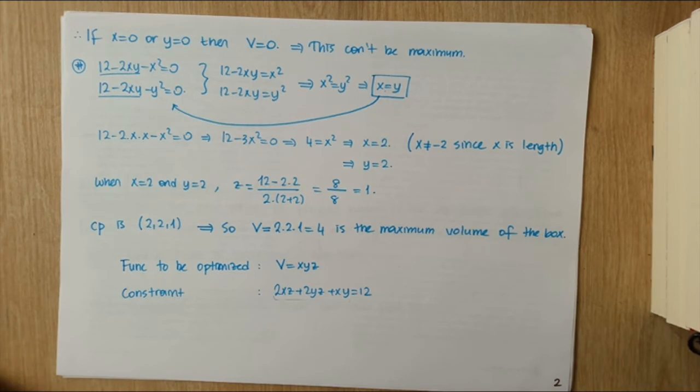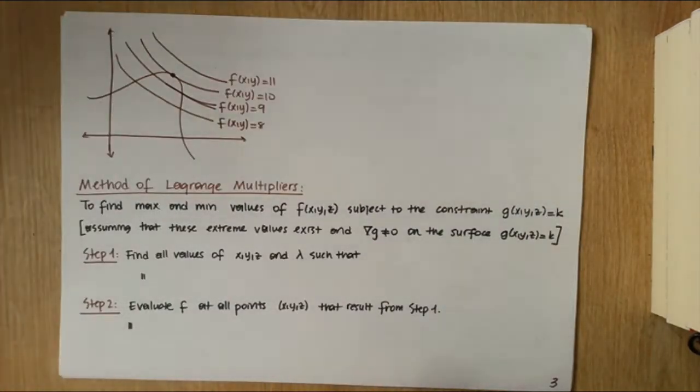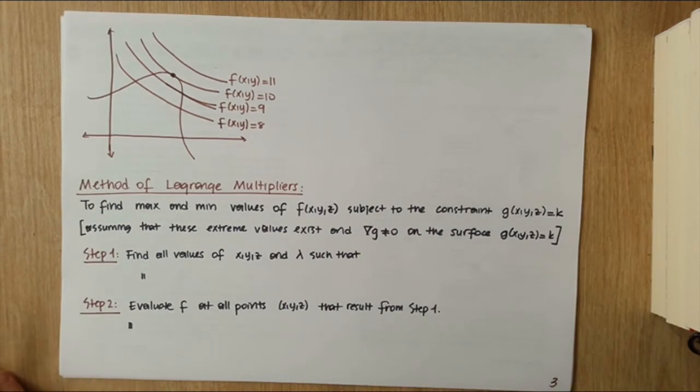To understand what the Lagrange multipliers are, first of all, I will explain the geometric basis of this method for functions of two variables. Then we will talk about the general case.